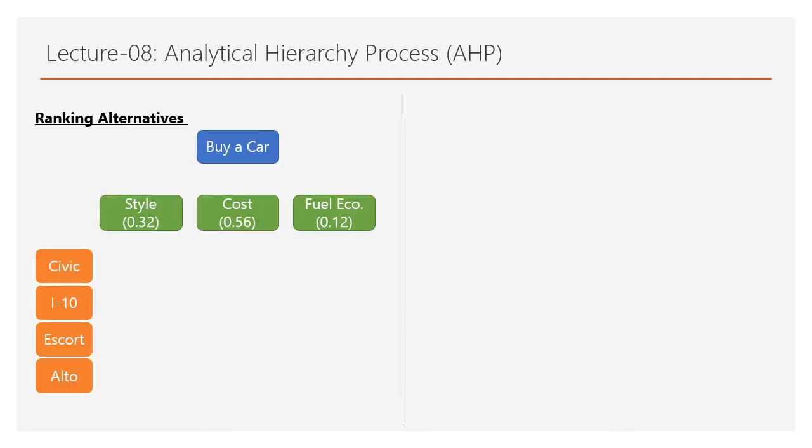So now we need to rank those alternatives accordingly. For the style, we get the priority vector, and you can see that Alto has the highest rank in terms of style. In terms of cost, we have the Civic as the best alternative, and for the fuel economy, we also have the Civic as our best alternative.